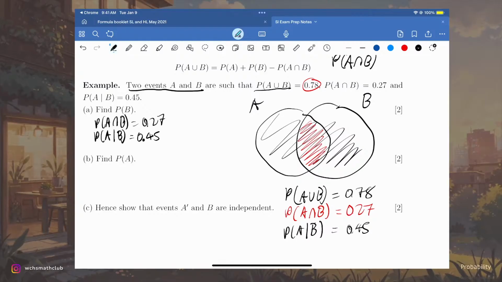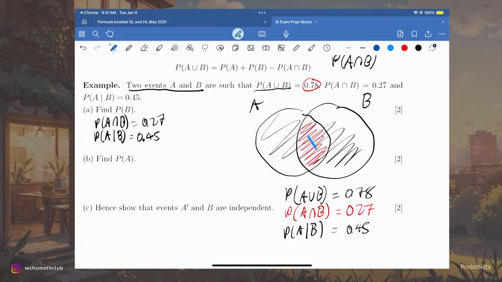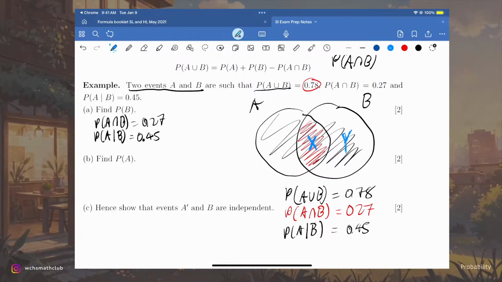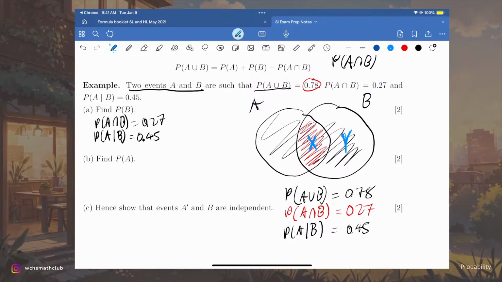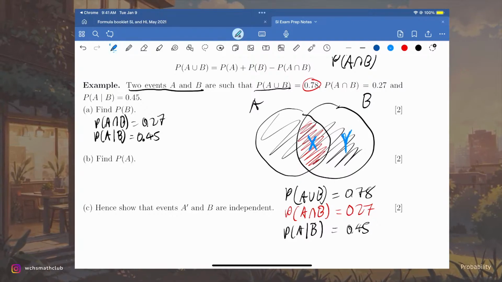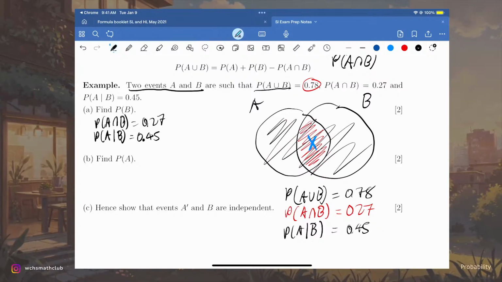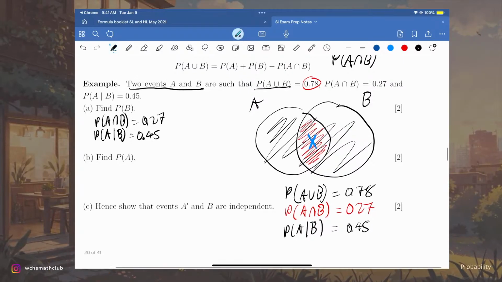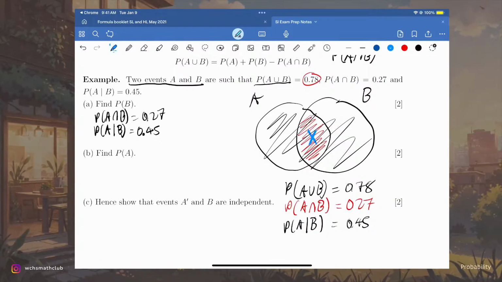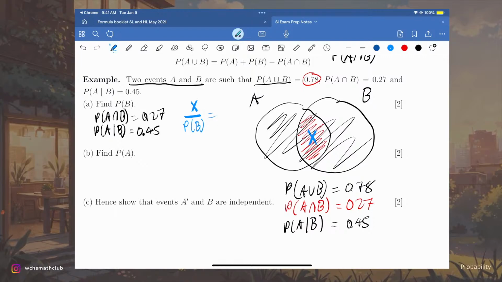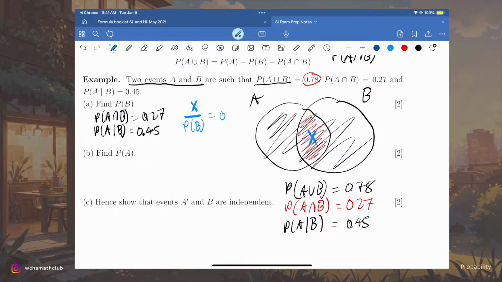If we were to use variables to denote this, let's just use X to denote the intersection of A and B. What we have here is X over the probability of B is equal to the probability of A given that B happened, which is 0.45.